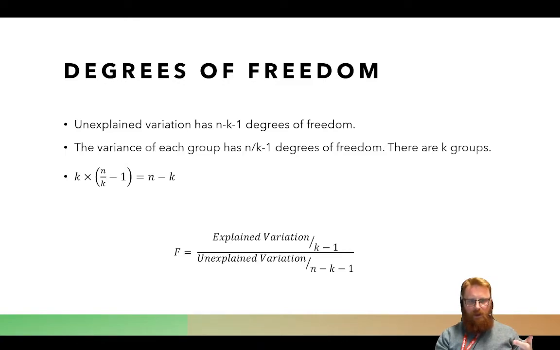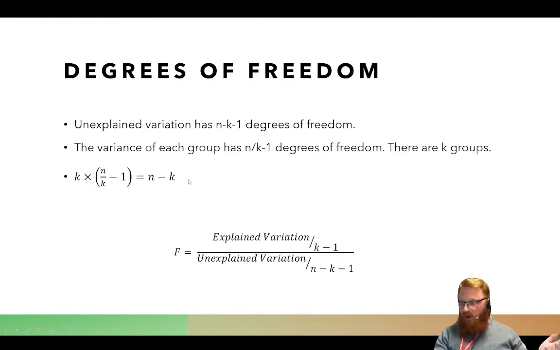Well, there are n over k, the total number of data points divided by the number of groups. To calculate the variance for one group, it will have n over k minus 1 degrees of freedom. And because there are k groups, the whole thing has k times n over k minus 1 degrees of freedom, which is n minus k.